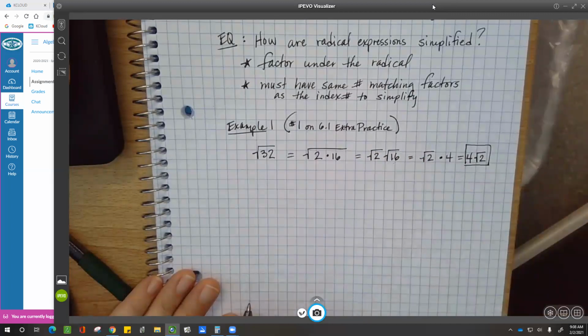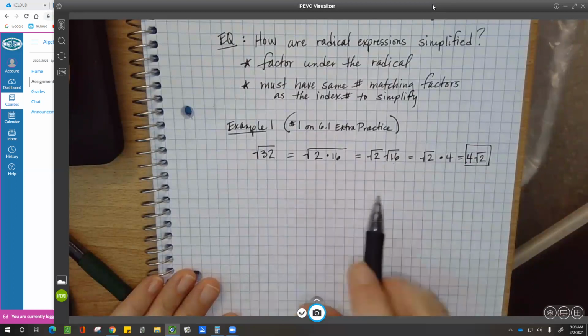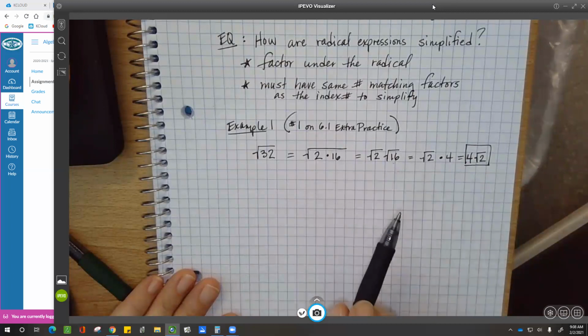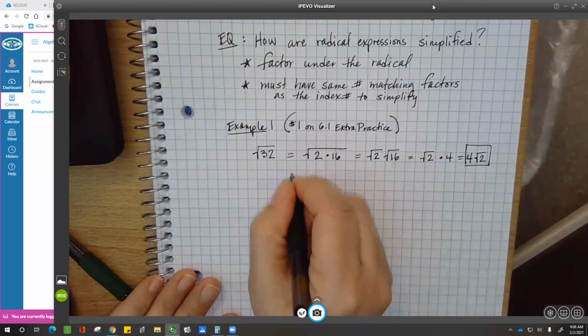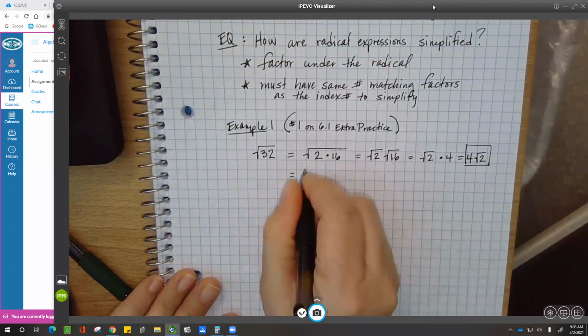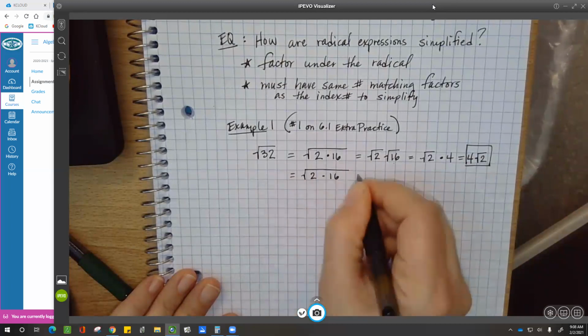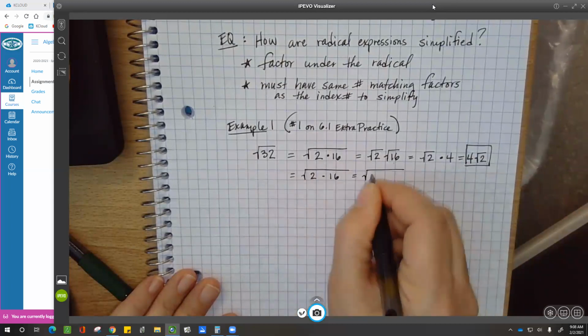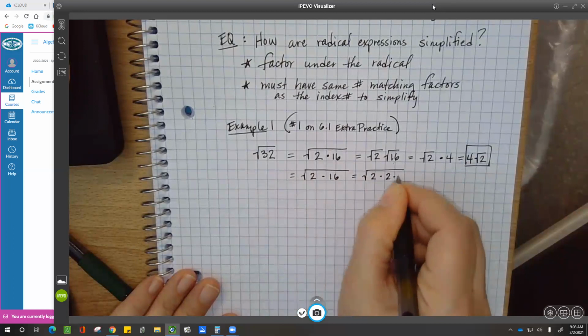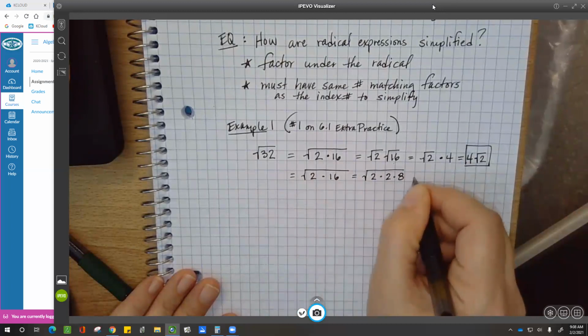If you didn't recognize that 16 was a perfect square and you could simplify from there, and you want to factor completely, we'll look at that. Here I have, what if I did it this way? 2 times 16, and I kept breaking it down. 2 times 2 times 8. 8's even.